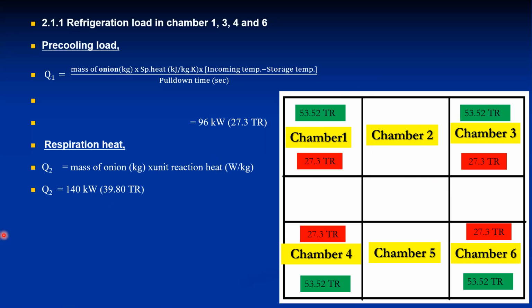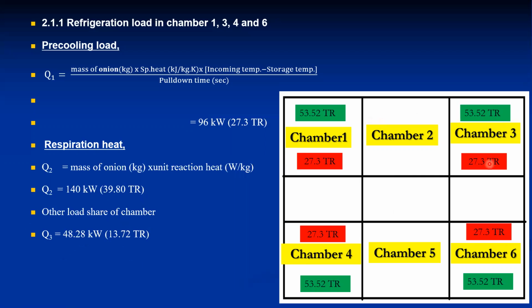It comes to around 140 kilowatt or 39.80 TR. The other shared load, such as lighting load, occupation load, and transmission load, is equally shared in each chamber, and that comes to around 48.28 kilowatt, that is 13.72 TR. So this becomes 53.52 TR.